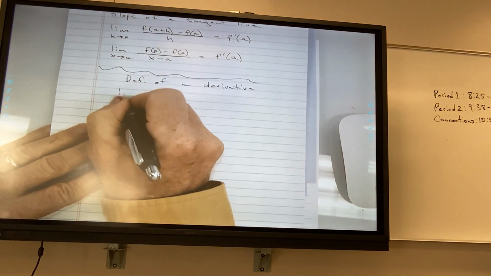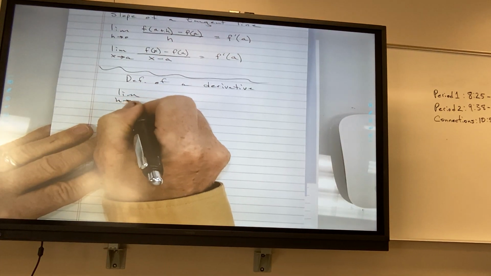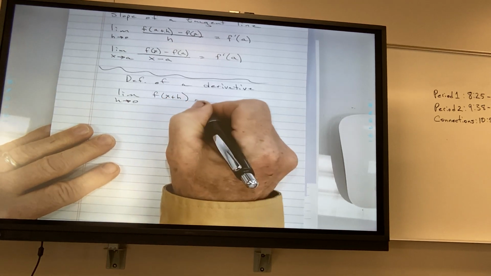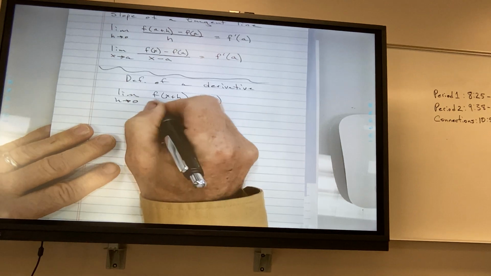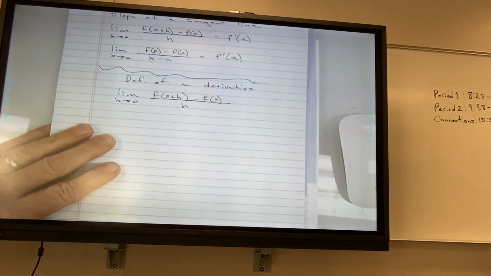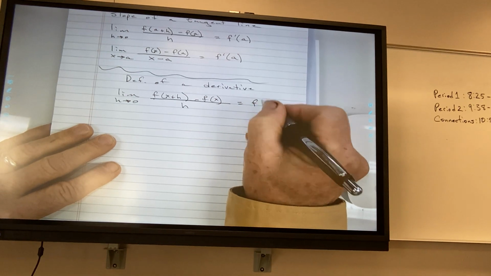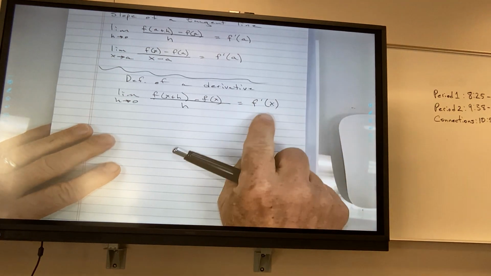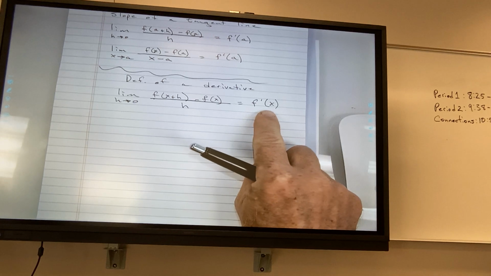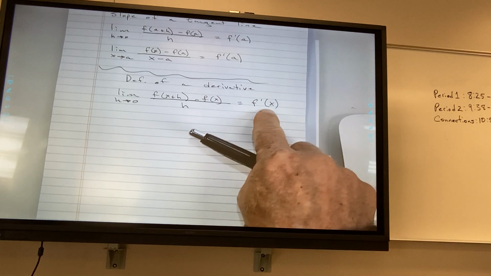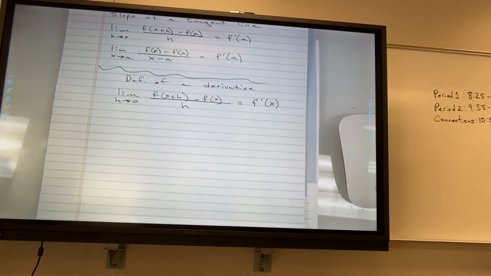And it looks like the limit as h goes to 0 of f of x plus h minus f of x over h, correct? That is this definition. So it's a general derivative. It'll be in terms of x. But if I knew an x value, I could plug it in and know the slope of the tangent line. Everybody with me on that when I explain it that way?